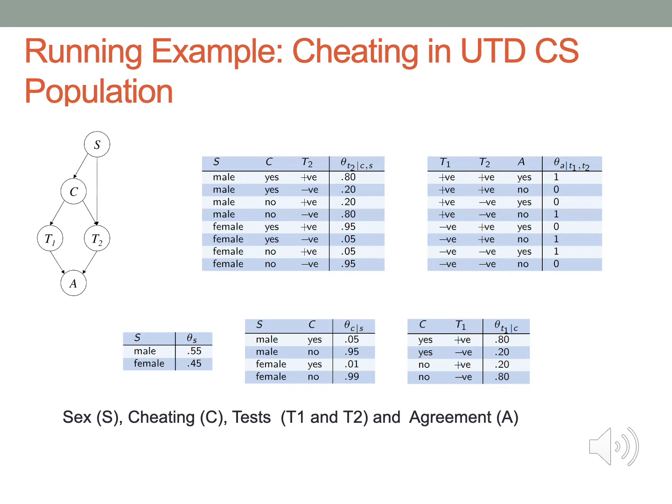The CPT at S says that the probability that a randomly chosen student in the class is male is 55%, while the probability that the student is a female is 45%. The CPT at C says that the probability of a male student cheating is 5%, while that of a female student cheating is 1%. So in a way, males are more likely to cheat as compared to females.